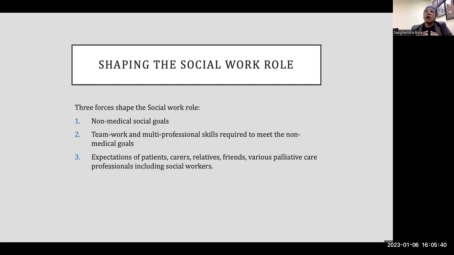So it is not like the social worker is only responsible for the social work role.